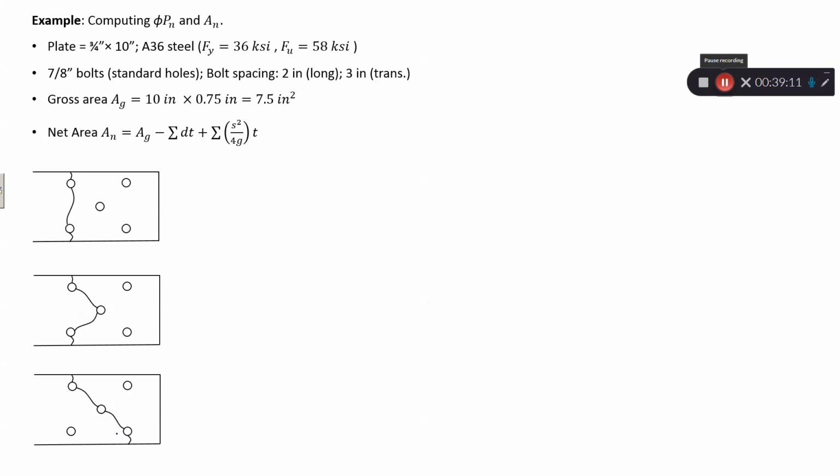Note that the critical fracture path is always closer to the load applied. In this case, the load is pulling this way. Remember, the critical cross-section for fracture is always the one closest to the applied load P.